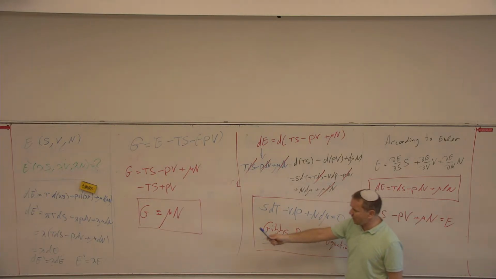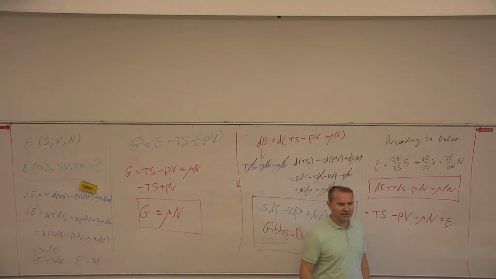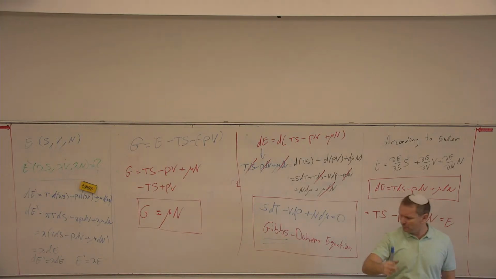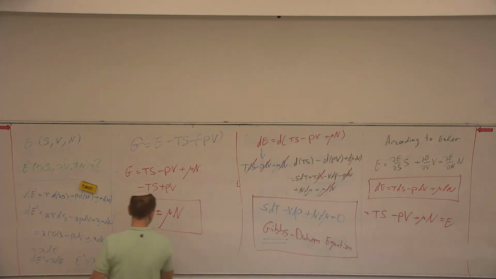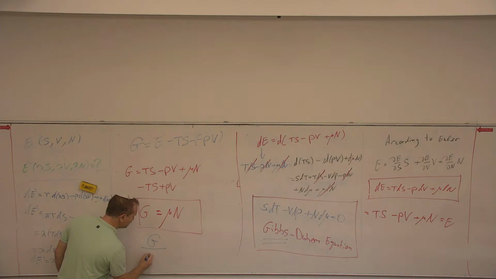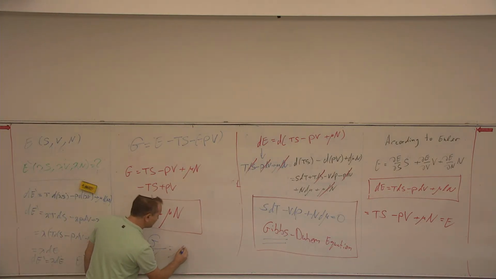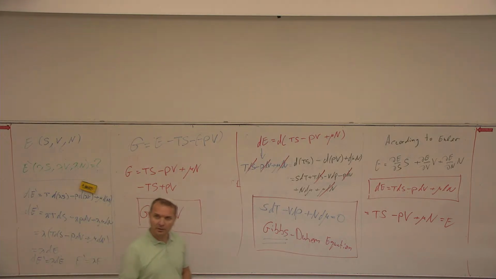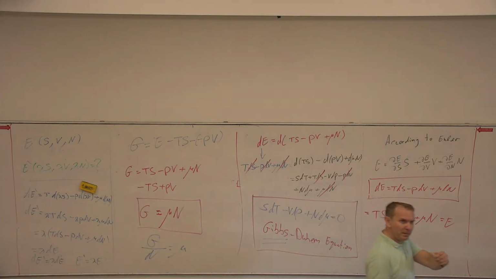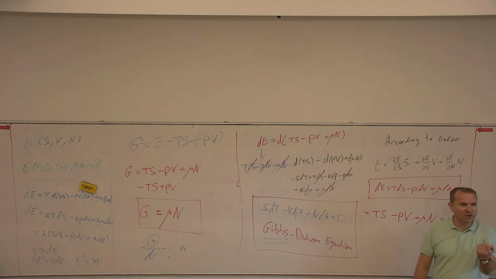So from this equation, what I understand is that this thermodynamical potential G is basically saying that if I take this G and divide it by the number of particles inside the system, I will get the chemical potential. So G describes by how much the energy of the system is increased when I add particles. That's it. So this is the meaning.